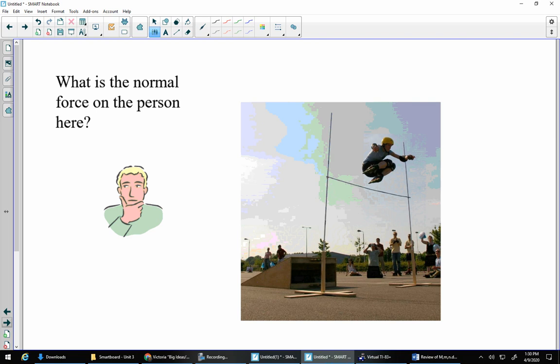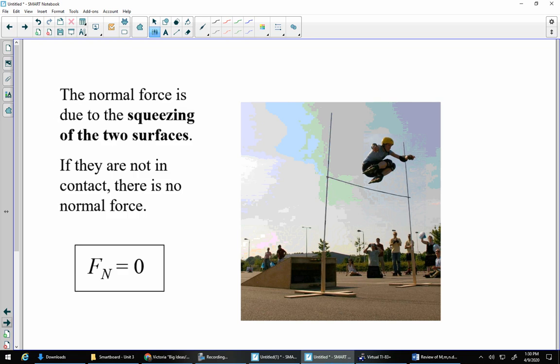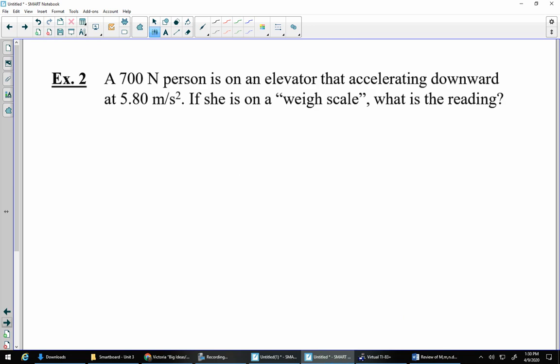So Fn, when we're in free fall, like this person is, is equal to 0, right? There's no surface for this person to push against, or to push back against her. When she hits the ground, that's another story. But in that particular freeze frame, the normal force is equal to 0. There's no squeezing between two surfaces.